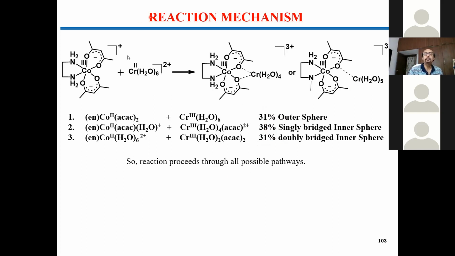Now what happened? Then they have developed many such series where the things are not following properly, and then they noticed that the outer sphere component is also associated with the inner sphere component in a different percentage.